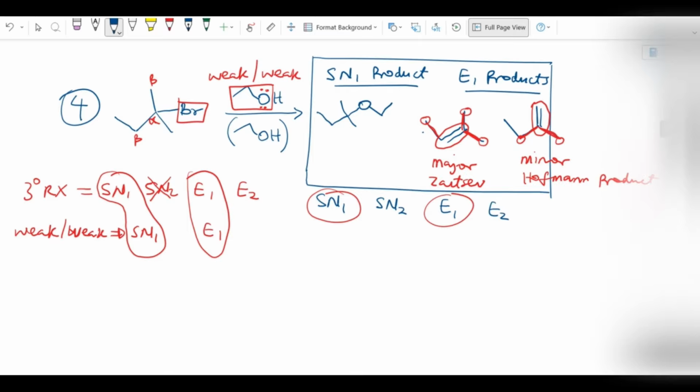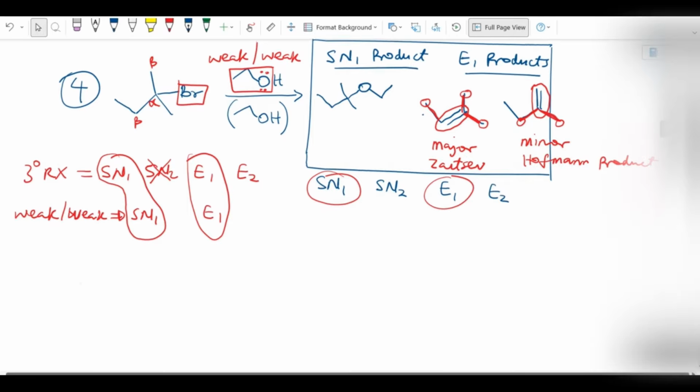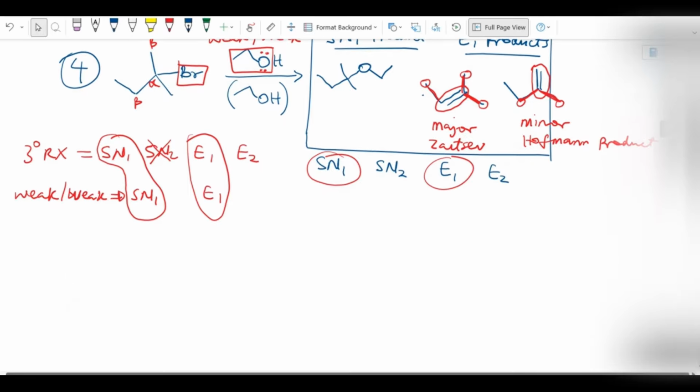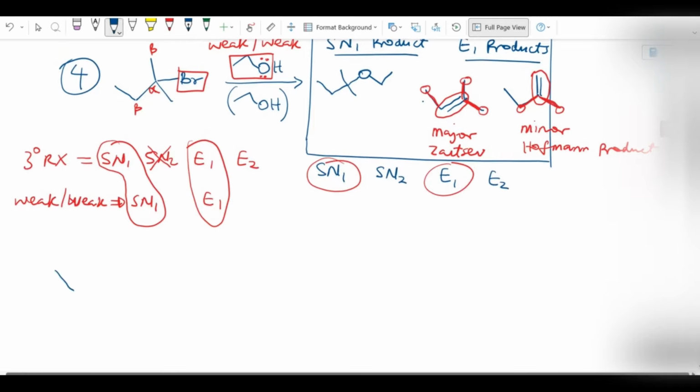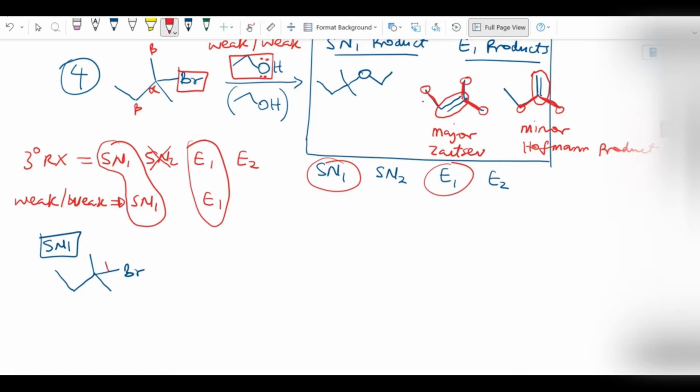So in terms of mechanism, we'll draw the mechanism for both the SN1 product and the E1 product. So let's start with the SN1 mechanism. In an SN1 mechanism, the first step is that the leaving group will leave, and it will form a carbocation intermediate.